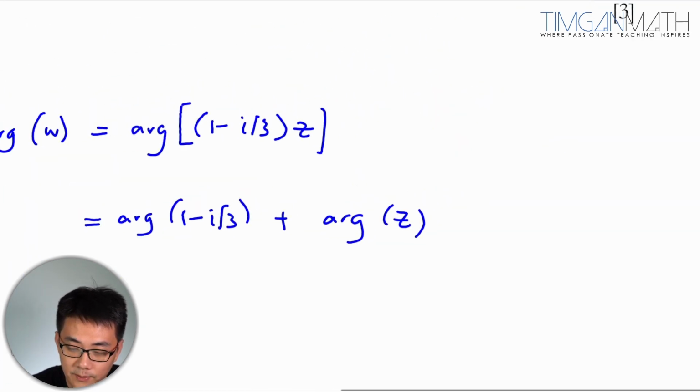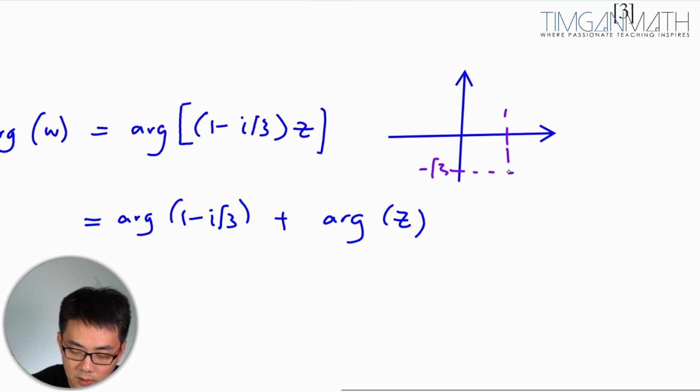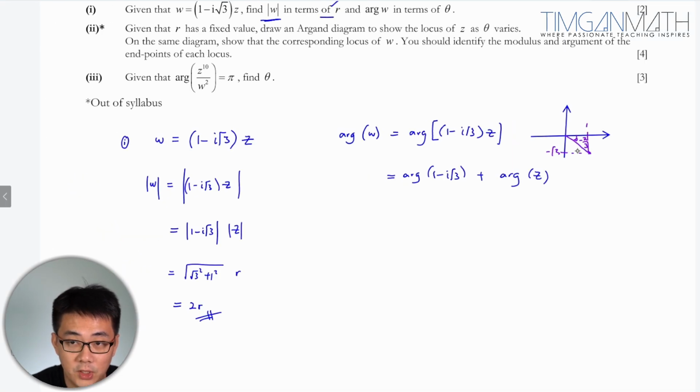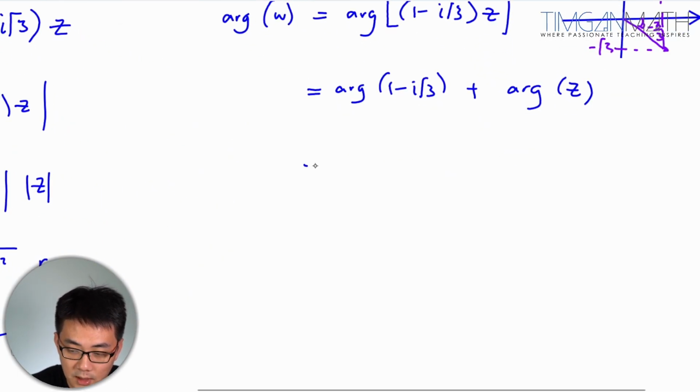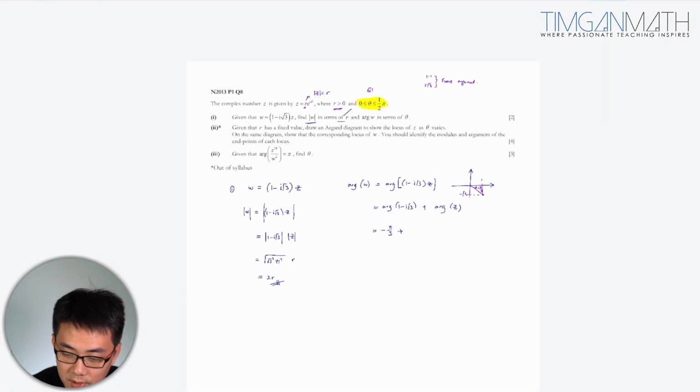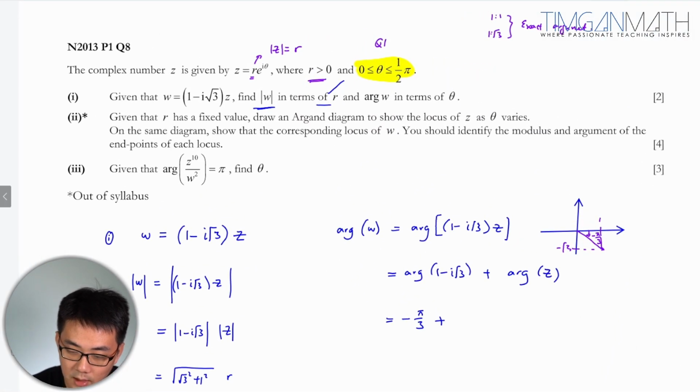For 1 minus i root 3, draw it out. The argument would be 1 here, minus root 3 is here, so the argument is minus pi over 3. Some of you may have issue, so if you have issue, just draw it out. So this will be minus pi over 3 plus argument z, which is theta.